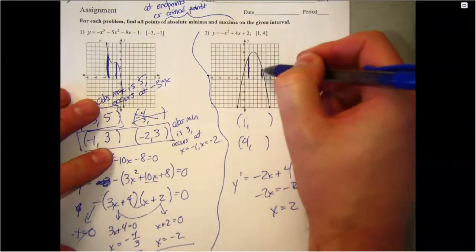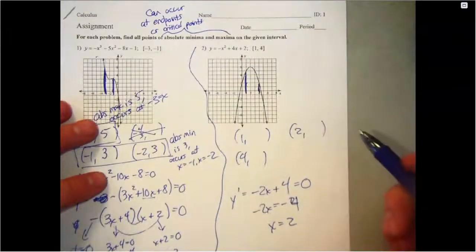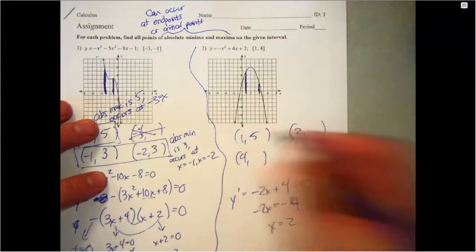Looking in this window. So the first half of these I put graphs on, and the second half I did not put graphs on. So you gotta get used to both. And like the calculus is done. You're literally just plugging in now to the equation and picking out the biggest and smallest. Plug in 1, 5.